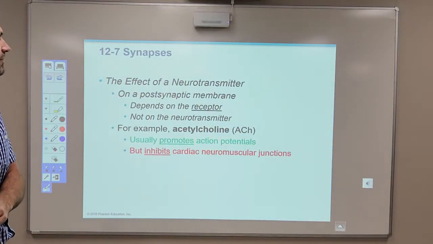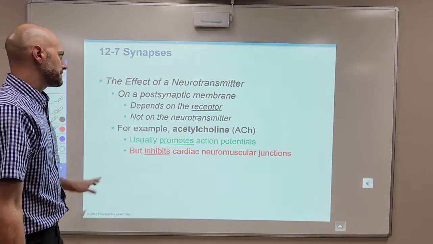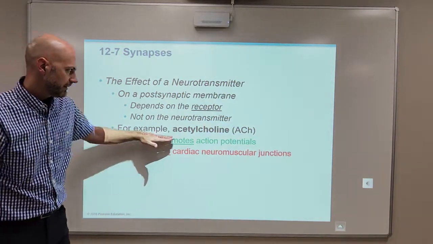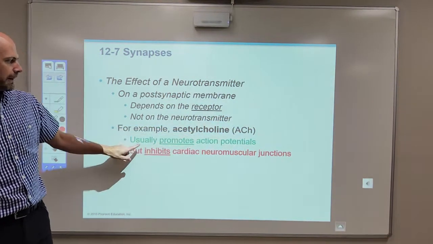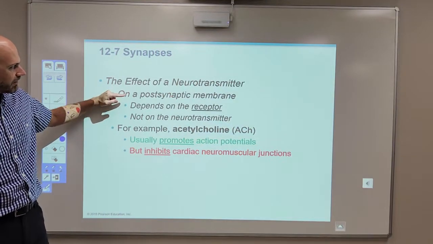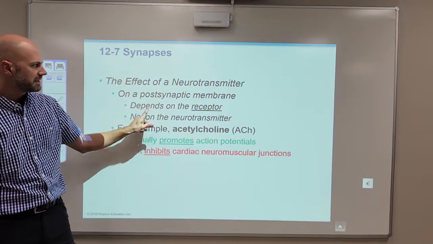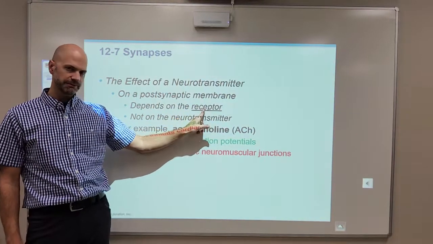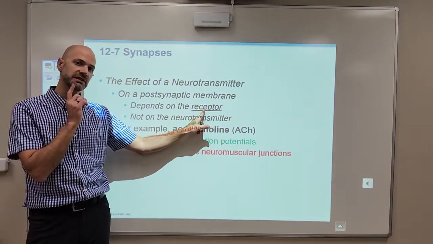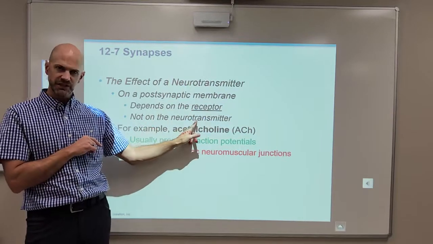So we're going to talk about the role of acetylcholine. The effect of a neurotransmitter on a postsynaptic membrane depends on the receptor. This is a key point. It depends on the receptor, not on the neurotransmitter.